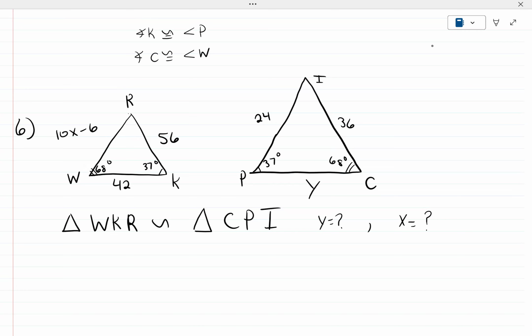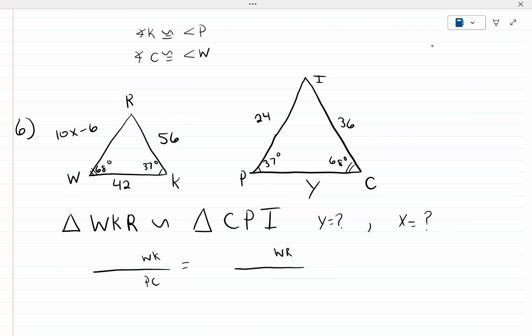Maybe we could say line segment WK goes with line segment PC. And then line segment WR goes with line segment here. So be careful, this is flipped.